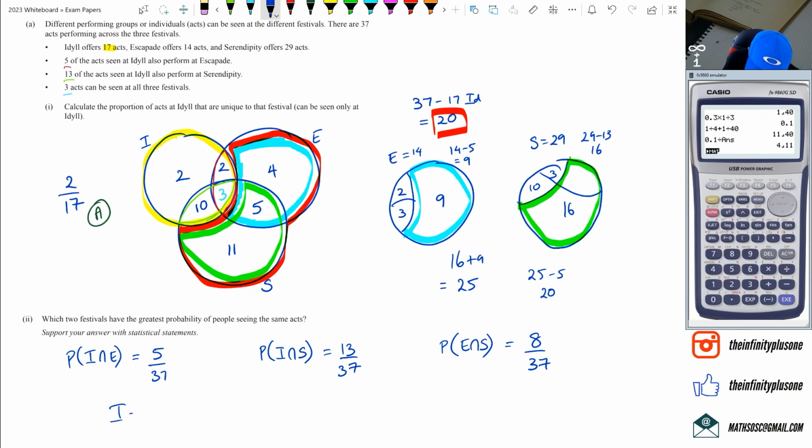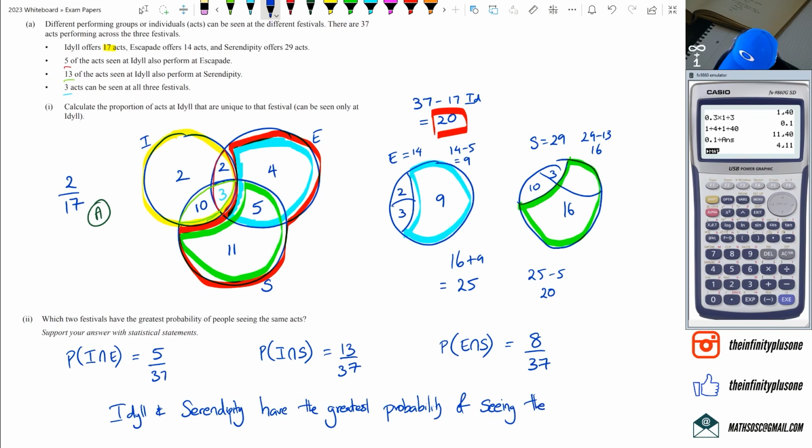And from here we can say that idle and serendipity have the greatest probability of seeing the same acts, because 13 out of 37 is bigger than 8 out of 37 and 5 out of 37.